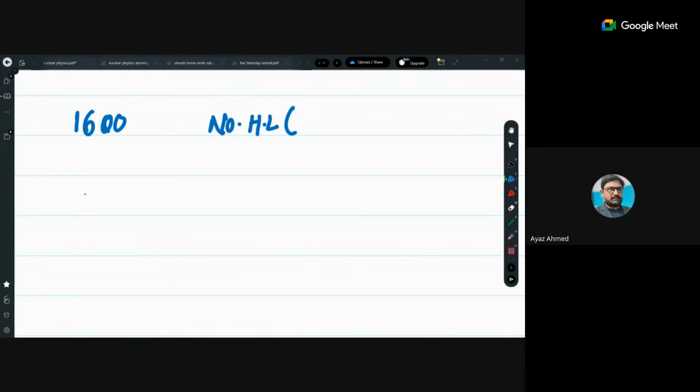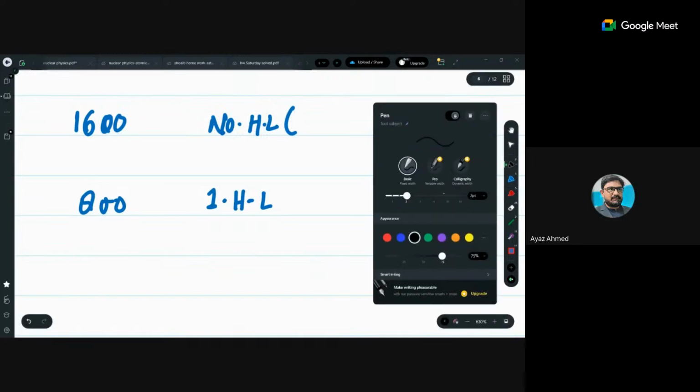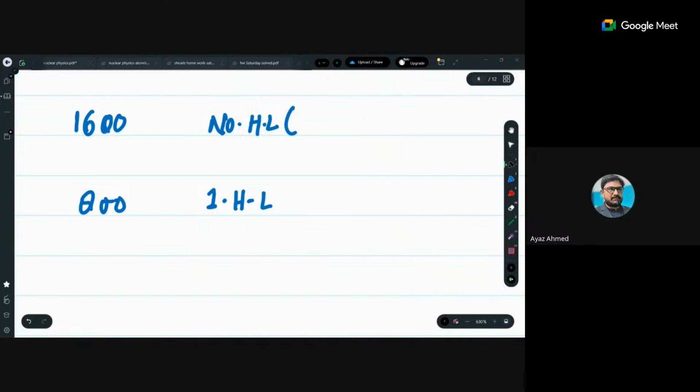Then it reached to 800. 800 आपका कब मिला? 800 is basically after one half life. So what is this 800? Isn't it that 800 is half of 1600, that is equal to 1 by 2?